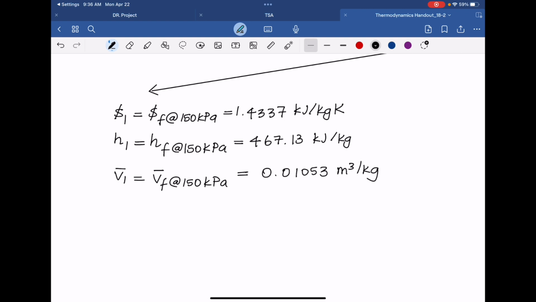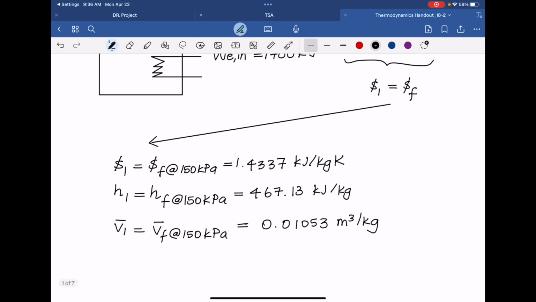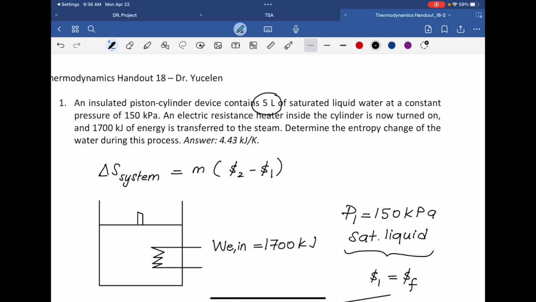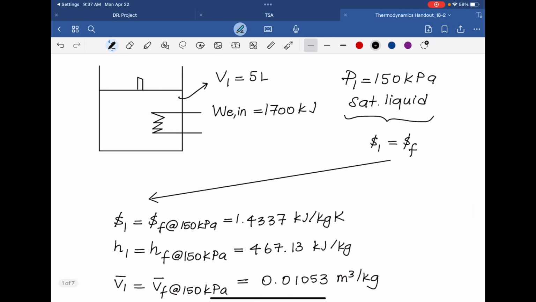Now, how will this help us? First of all, if we take a look at it, there is some important information here. They tell us the initial volume is actually 5 liters. If they are giving you volume, and if you can figure out the specific volume, that will tell you the mass of the water inside. And we also know that mass is not going to change in the second state, because it's a closed system.